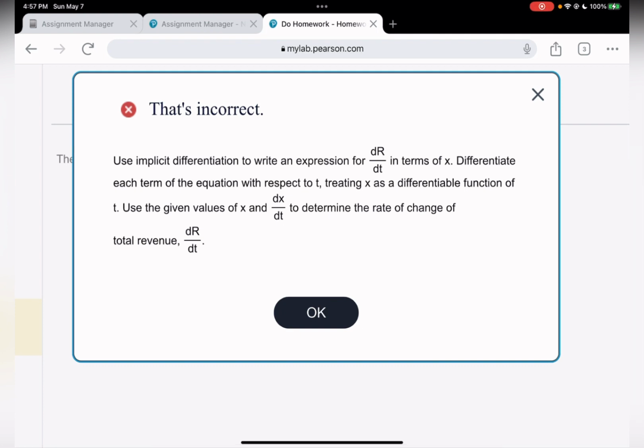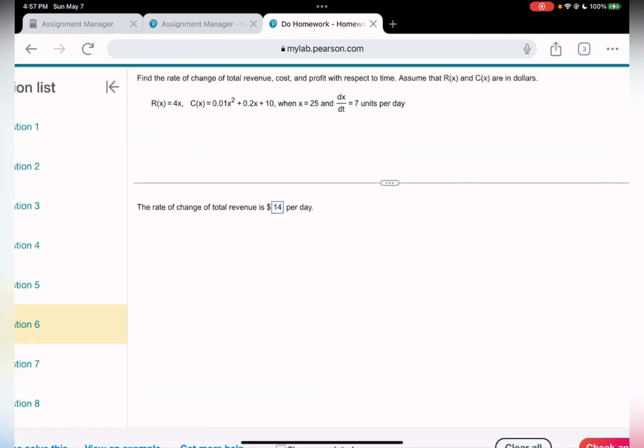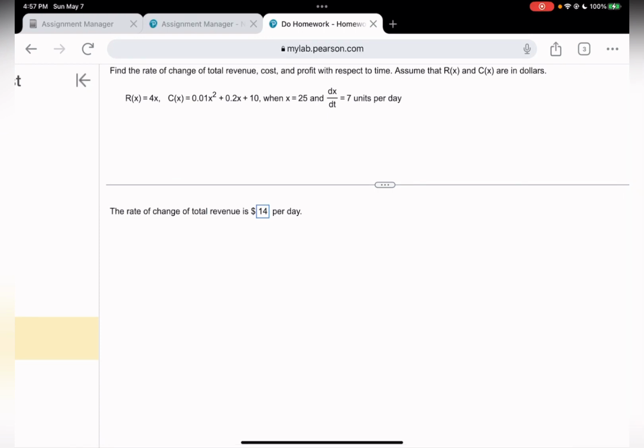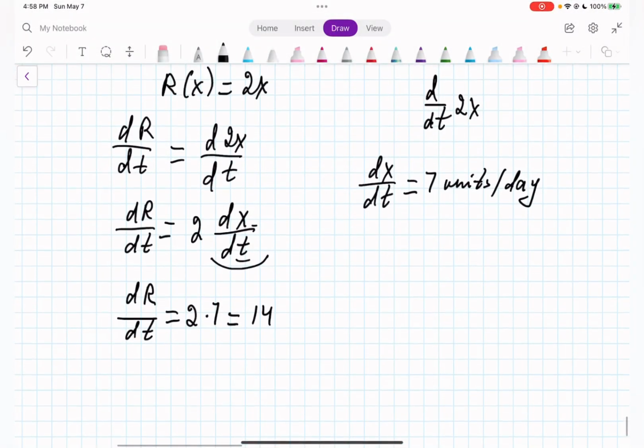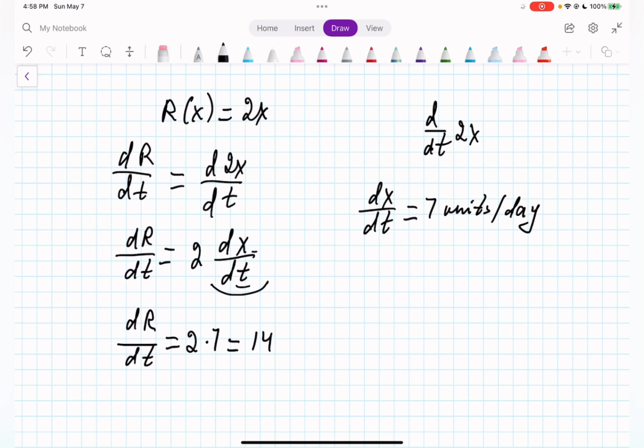Why is it incorrect? Let's see one more time. What is wrong? R of x is equal to 4x. I put 2x, right? Yeah, okay. 4x, never mind, we can fix it.